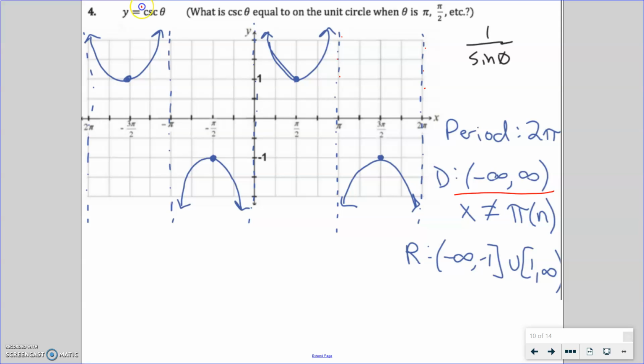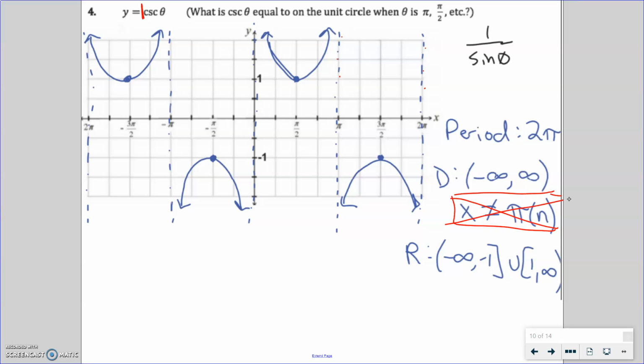In this case, it's just 1. So if you do pi times whatever these numbers are, that's where you're going to get those asymptotes. You do not have to worry about this piece too much; we'll talk about it later in further detail. For right now, just know that while the domain is technically negative infinity to infinity, we have all these asymptotes we have to be aware of.